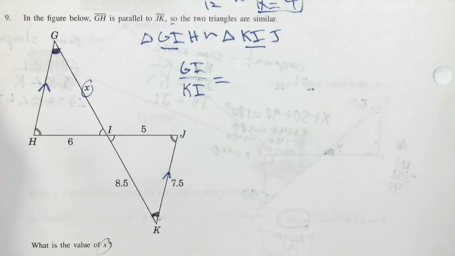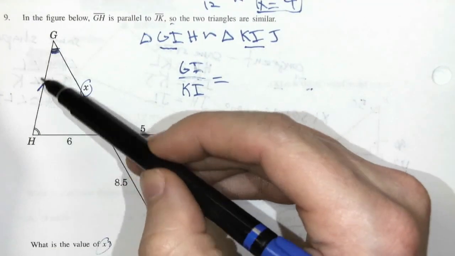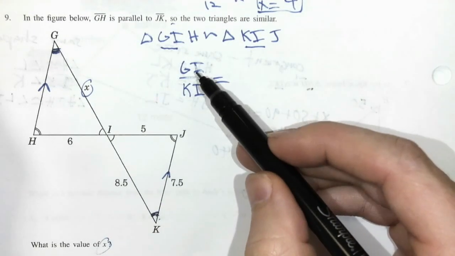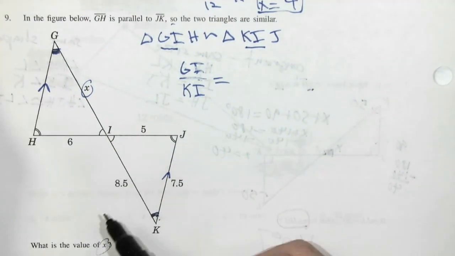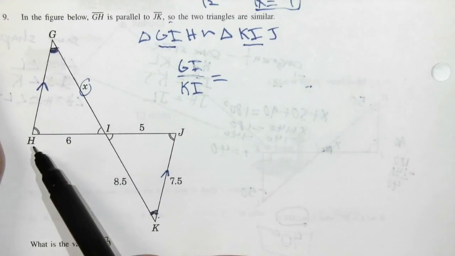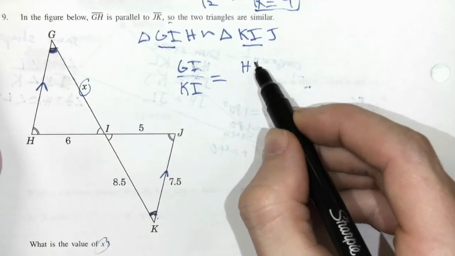Think for a second. Well, if I chose to use GH and JK, I wouldn't know what this is. So I'm going to use HI and IJ. Which one goes on top? Well, GI comes from this triangle, HI comes from this triangle. So HI also needs to go on top.